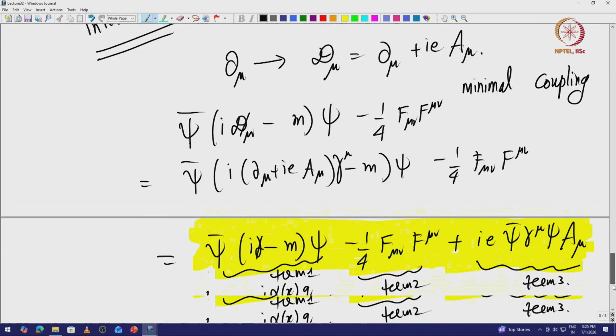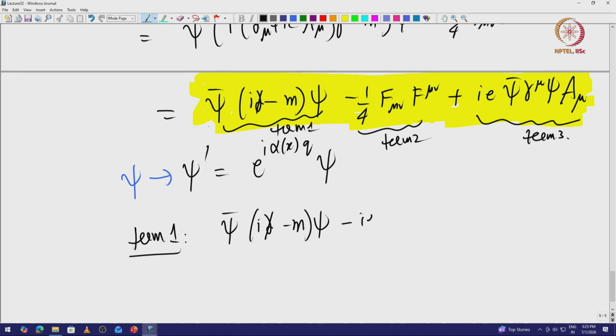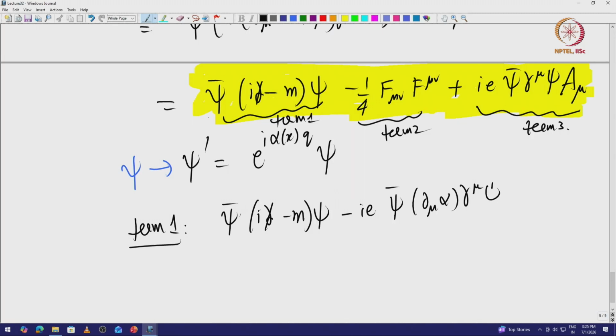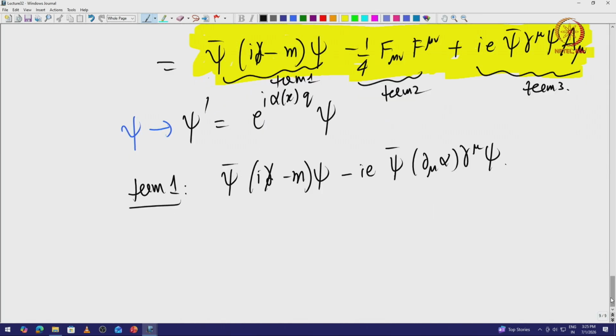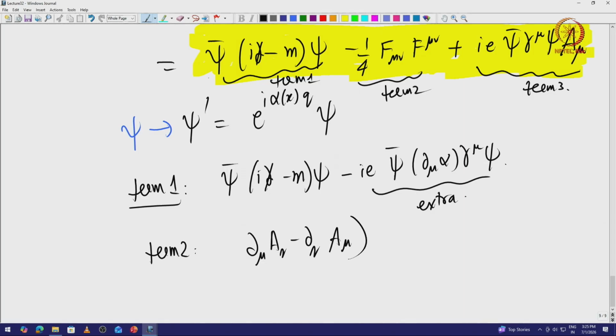It gives me this term i e psi bar del mu alpha gamma mu psi. This is the term which gives me something extra essentially. The second term, term 2, is del mu A nu minus del nu A mu.